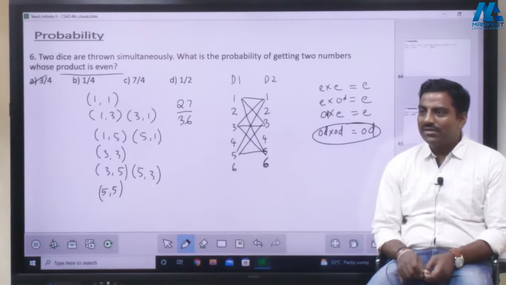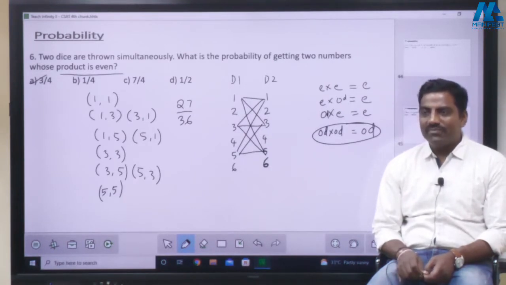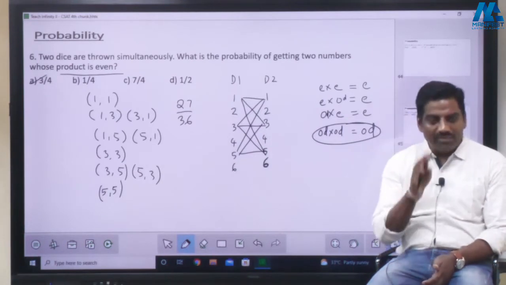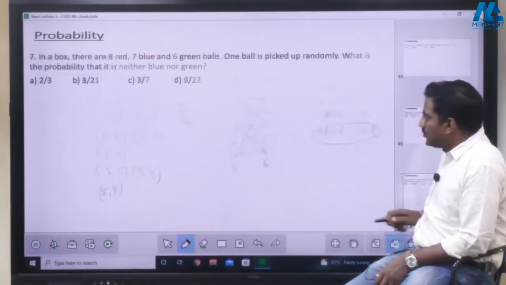Then, when you take 2, you have to take either 4 or 6: 2, 4, 4, 2. 2, 6, 6, 2. Then 3: 3, 6, 6, 3. That's it. Don't go into all those things. I am telling you, these all are the possibilities. This can come. Next question.